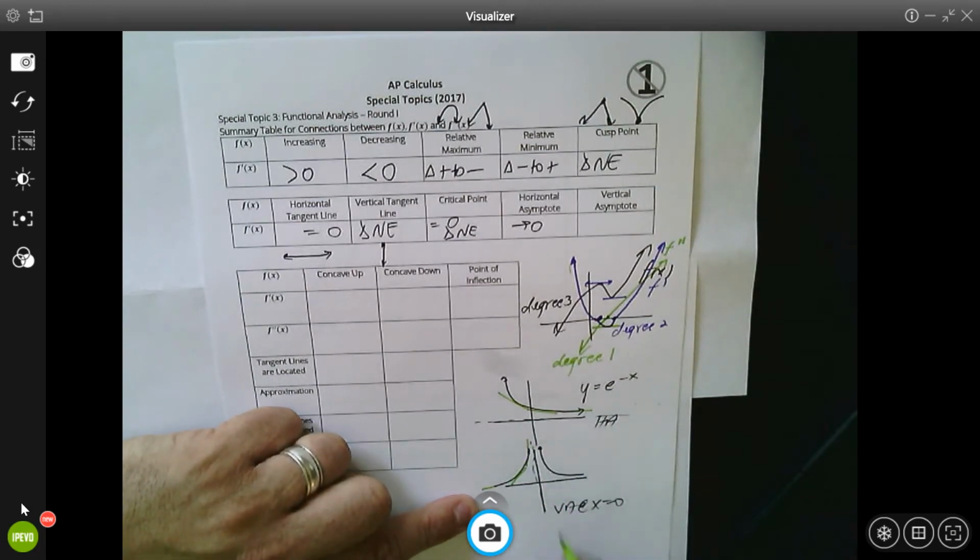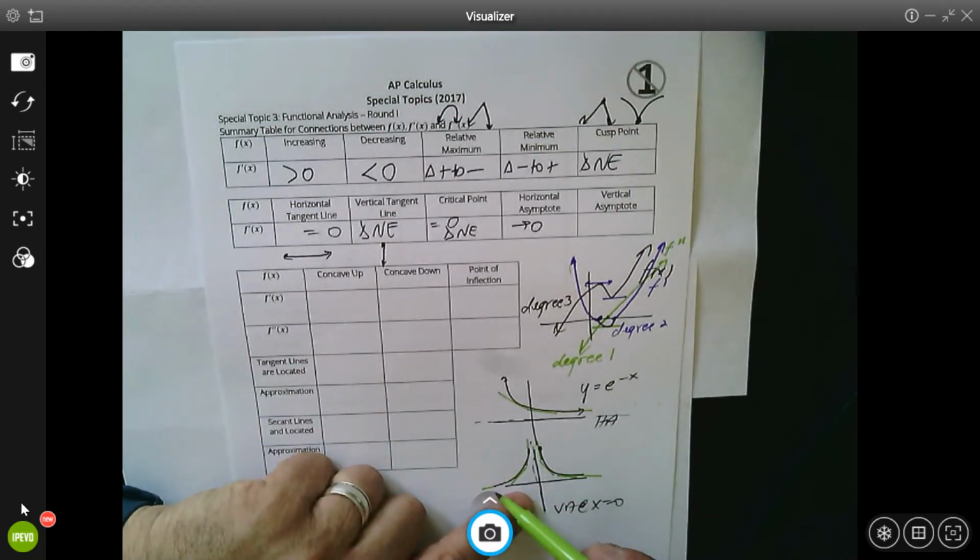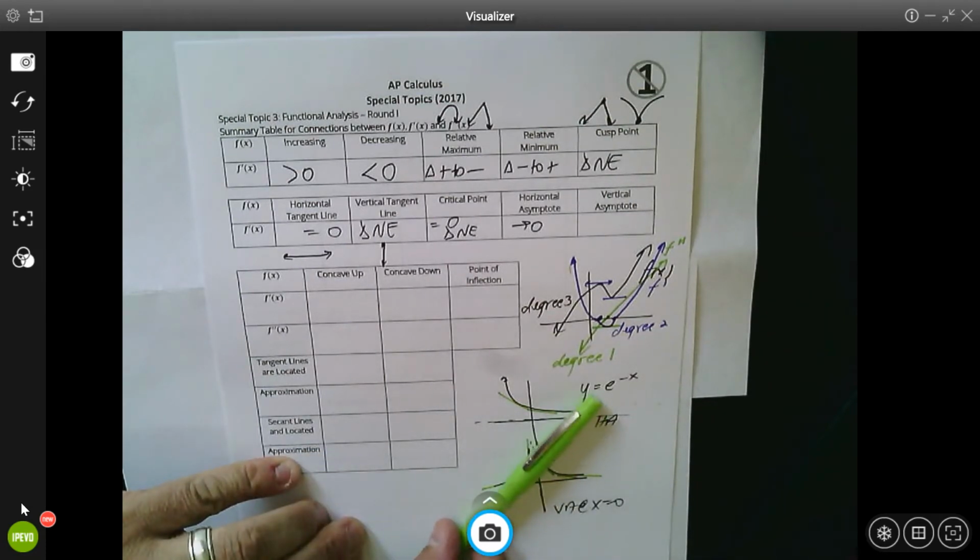Or, depending on how your graph behaves, they're going to decrease in slope. Either way, as you get closer to your vertical asymptote, your tangent line becomes more vertical.